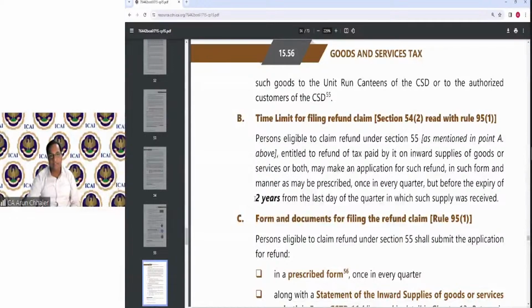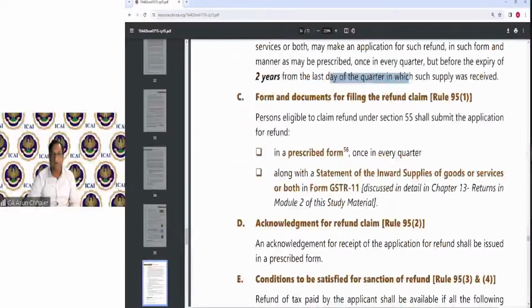Time limit is now 2 years, counted from the last day of the quarter in which the supply was received. The form will be the prescribed form, but they have to file RFD 10. RFD 10 is the refund application form for the UIN. Normally it is RFD 01, but only in case of the UIN, there is a separate refund application form, RFD 10, once in every quarter.